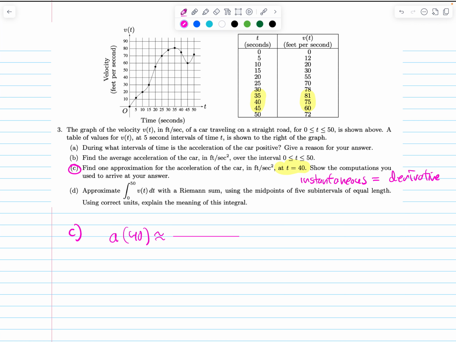I'm just going to find v2 minus v1 over t2 minus t1 again, but the times I'm going to use are 45 and 35, which means the y values are 60 and 81. And that's going to get me negative 21 over 10, or negative 2.1 feet per second squared.